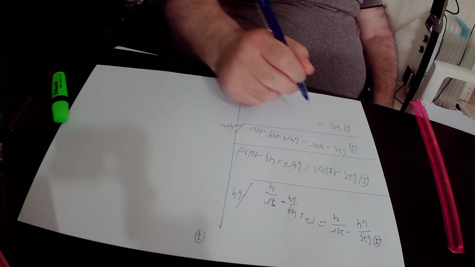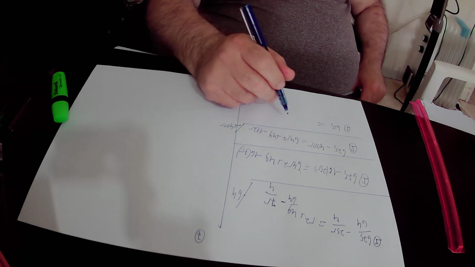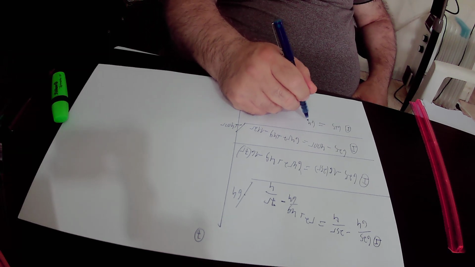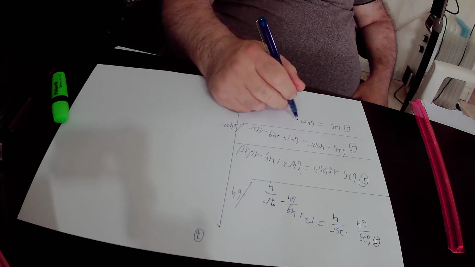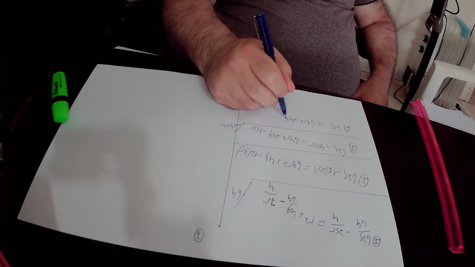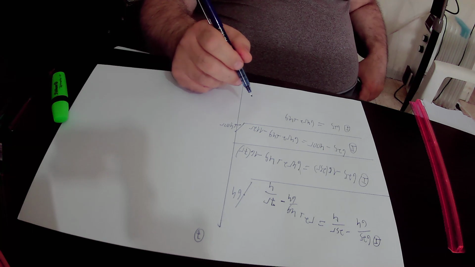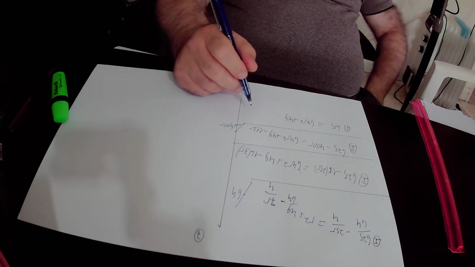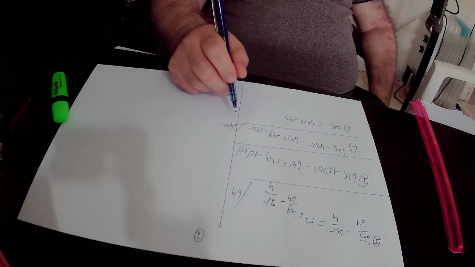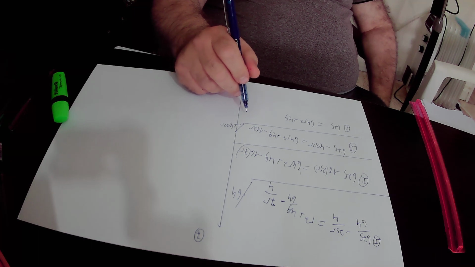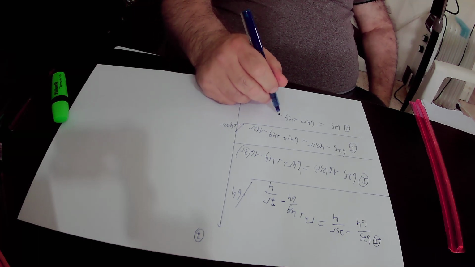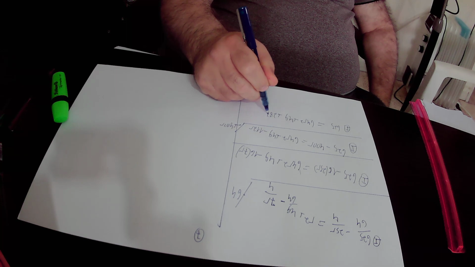That is equal to 64R squared plus 49, and here we have 400R minus 112R. It is equal to plus 288R.